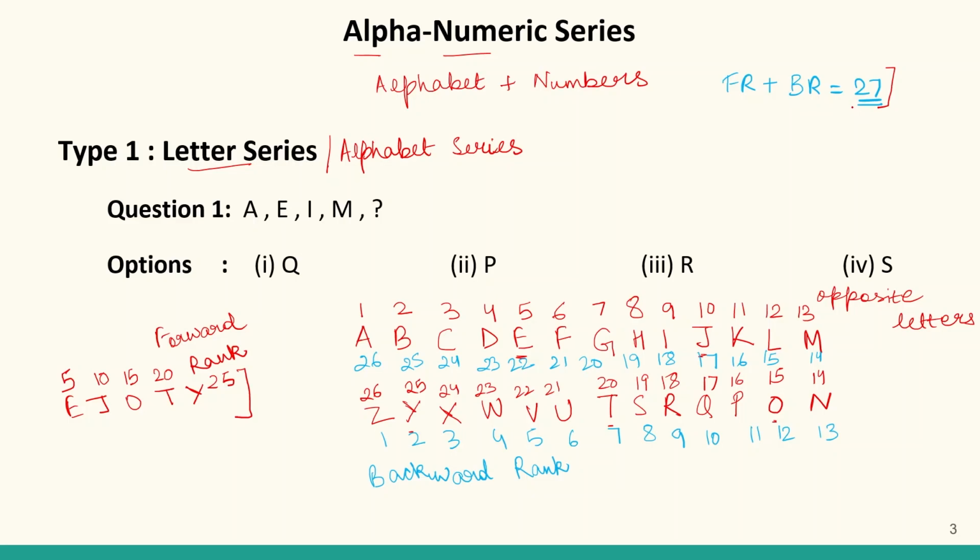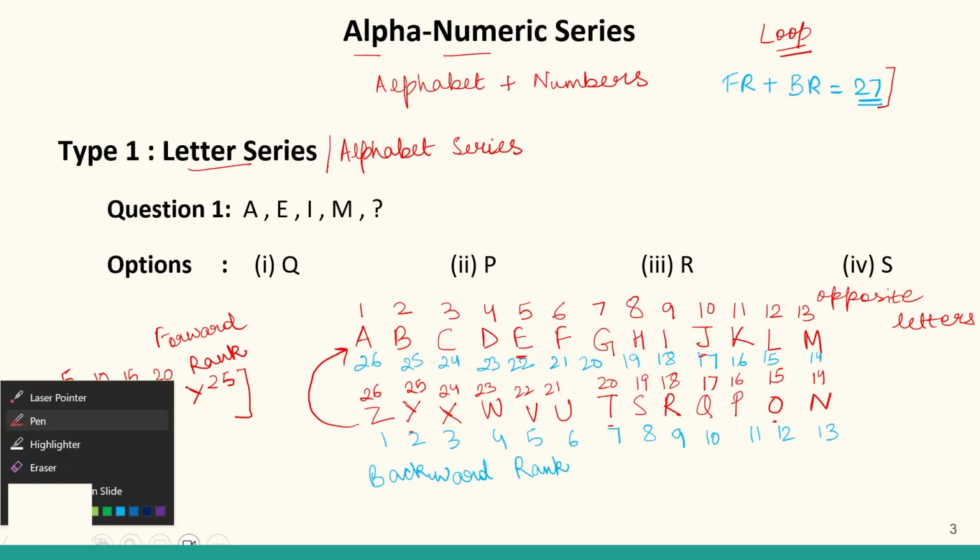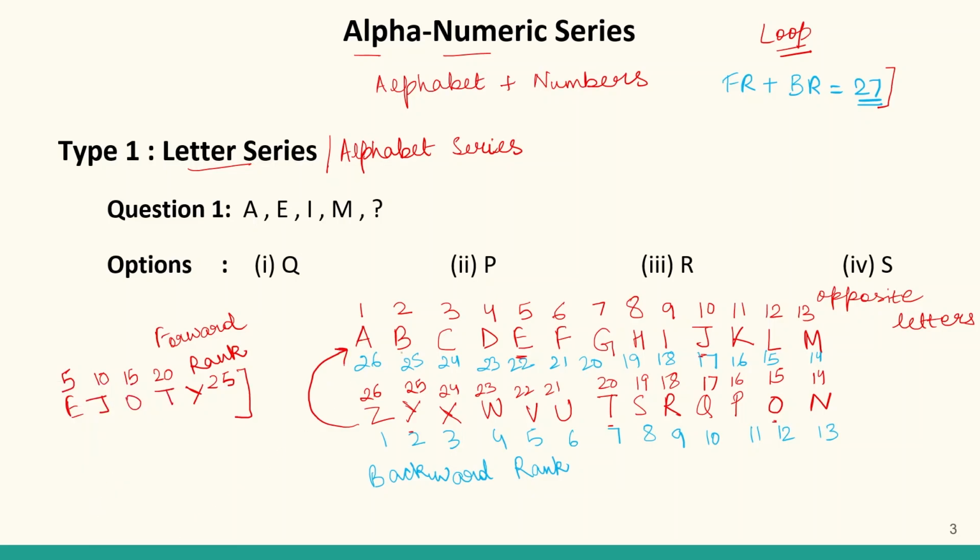Then we also learned a concept of loop, in which I told you that, for example, if we have to move 2 positions forward of Z, we'll go back in the loop. We'll start again from A. This is called the concept of looping.